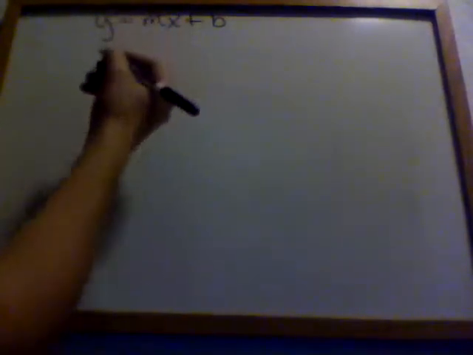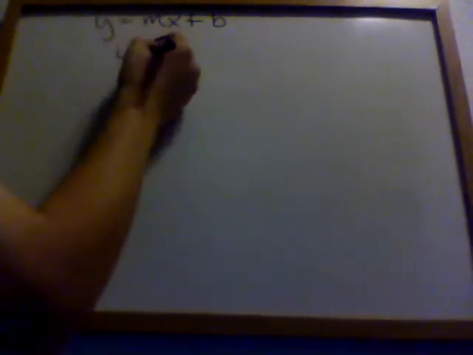So the equation of a line, y equals mx plus b, remember all the way back to high school. And let's just give this some values such as y equals x. That's a simple one.